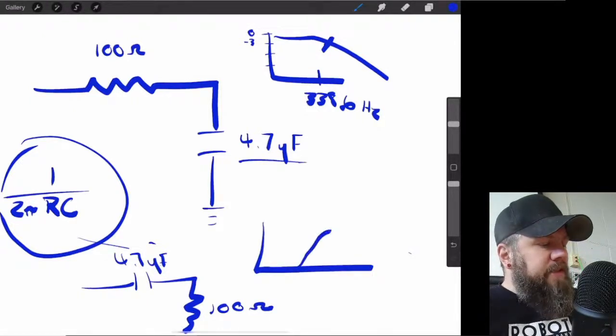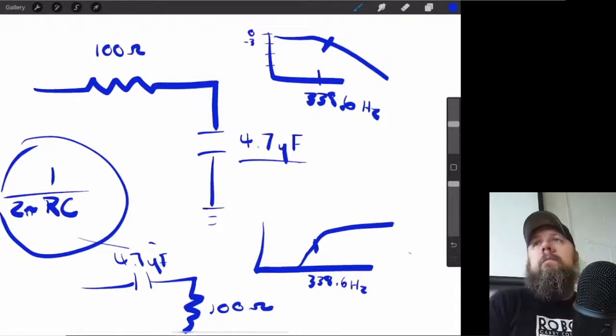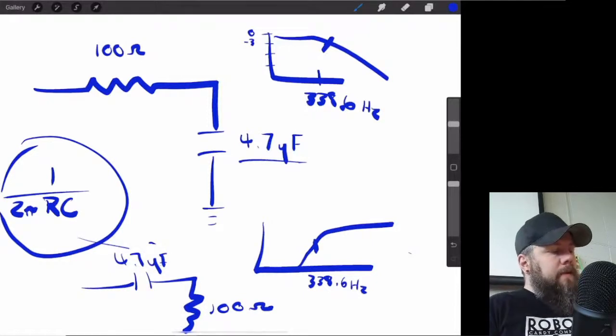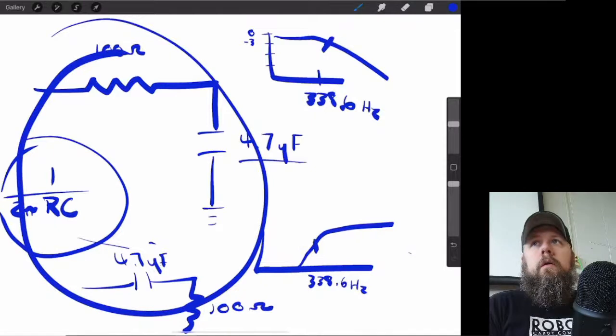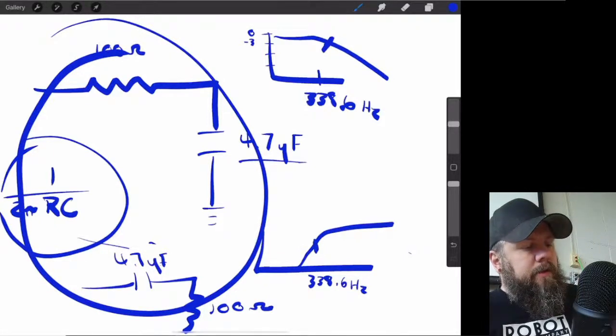It's going to raise up, and at that halfway point, it'll be at 338.6 hertz. Okay? That cutoff frequency just tells us where it's at half power. Okay? Now, what that means is if I put these two things together, then I get something that looks like this.